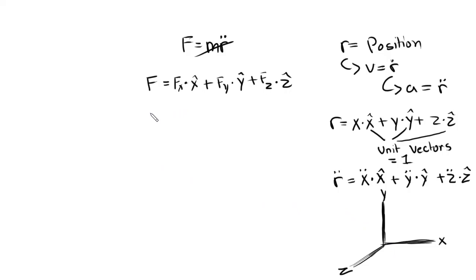Now that we have this, the reason this helps us understand is that we can replace the force with the mass times the second derivative of position. Force is now equal to mass times the second derivative of position in the x direction. Do you see?